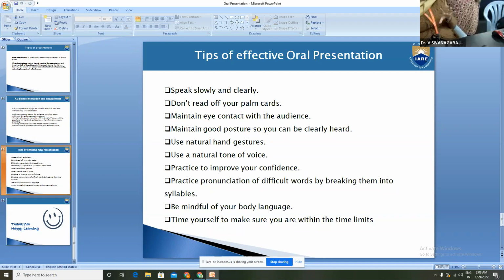Madam, the PPT is not visible, and the voice is breaking. Madam, now you are sharing. Now the PPT is visible. Madam, the voice is also not clear. Once check the connection, madam. Now it's visible, madam.